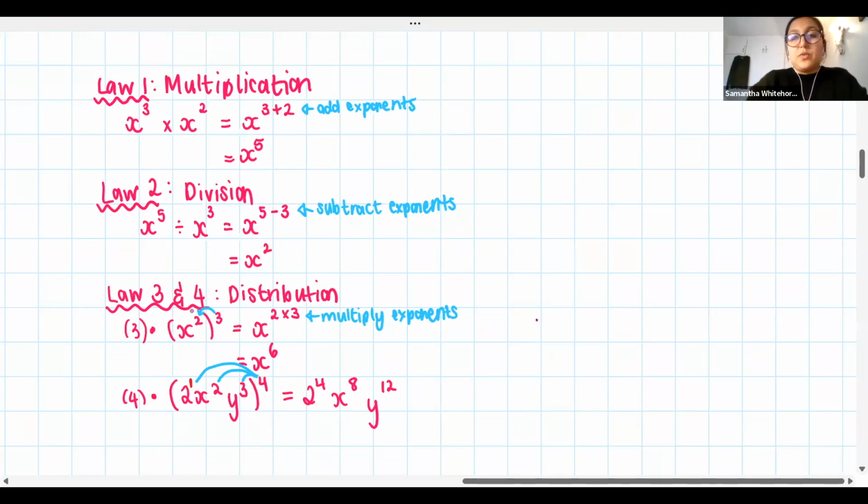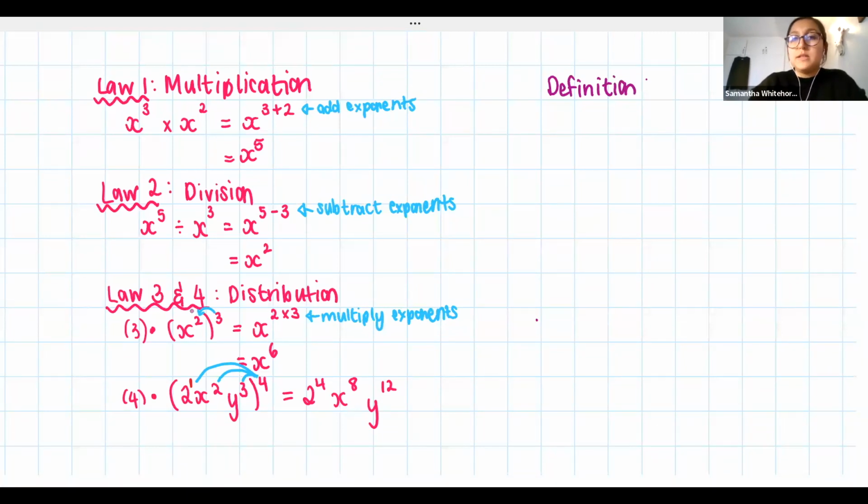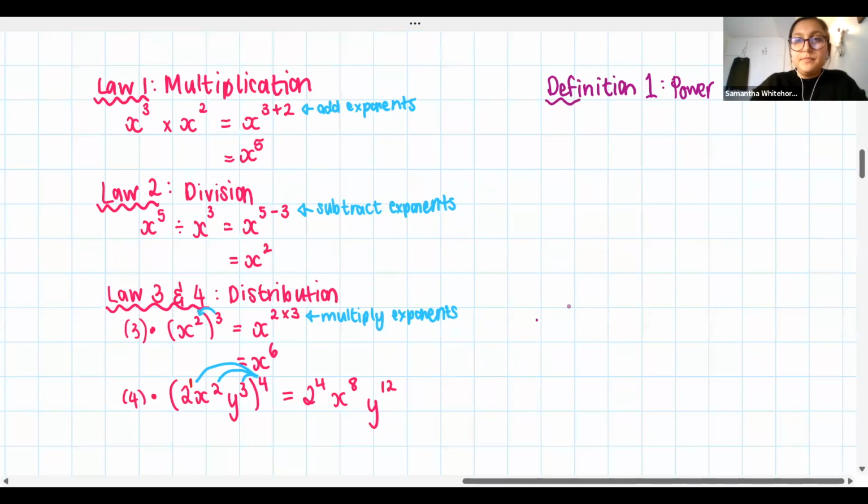We then spoke about our first definition within exponents, which is the power of 0. Okay, so this is now where Nelson has asked the question, what happens if the exponents are the same? And this is where we deal with it.